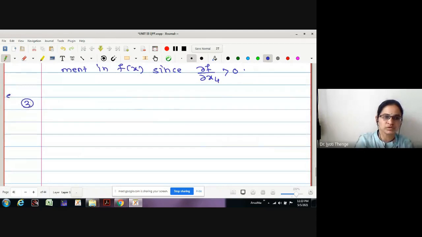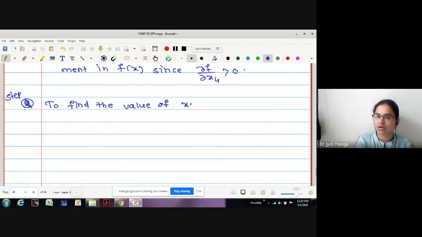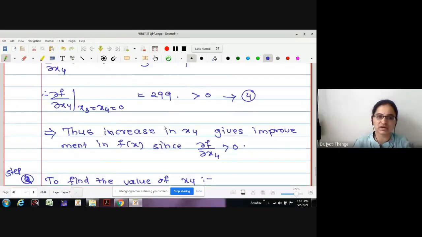Step 2, what will we do in this step? We will find the value of x2, sorry, x4. What are the two criteria known to find out the value? ∂f/∂x4 is equal to 0, no doubt, by putting the non-basic variable 0.